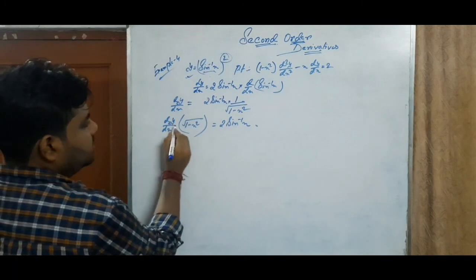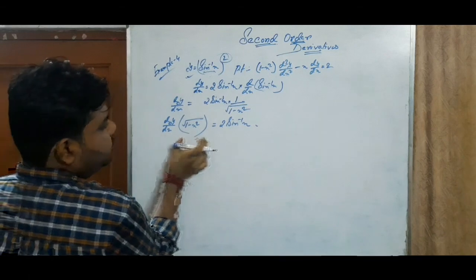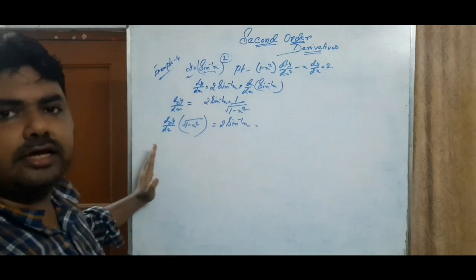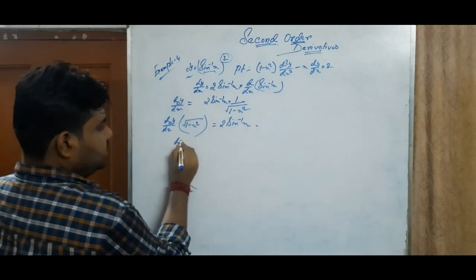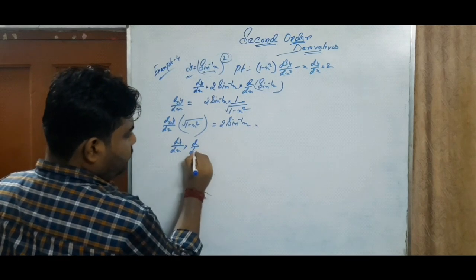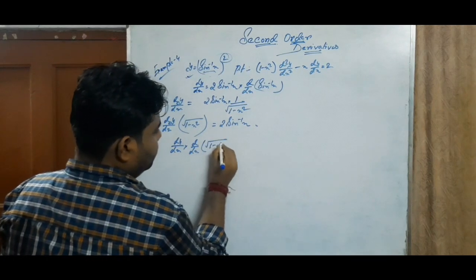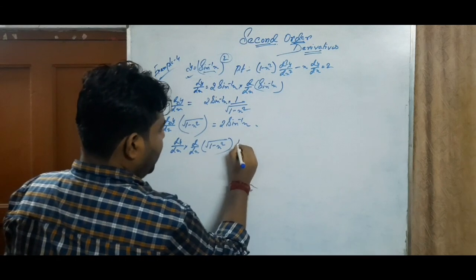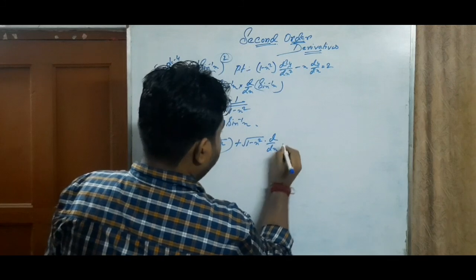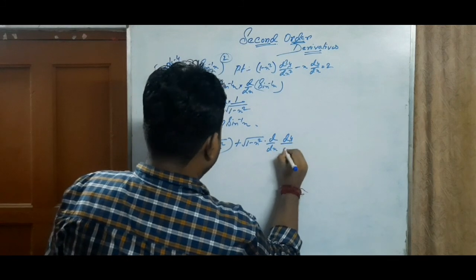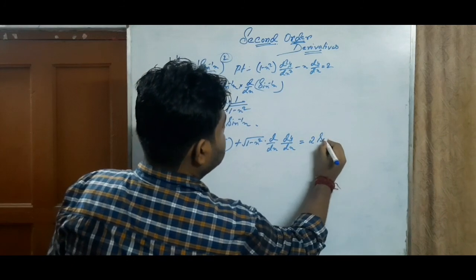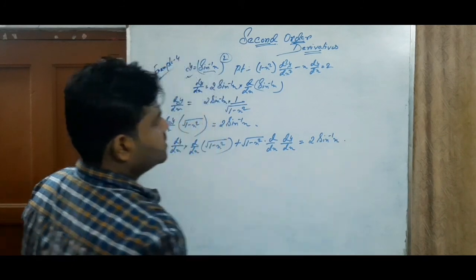Just see, now these are two functions multiplied, therefore we will apply product rule on the left hand side, that is dy by dx into ddx of root over 1 minus of x square plus root over 1 minus of x square into ddx of dy by dx equals 2 sine inverse x.